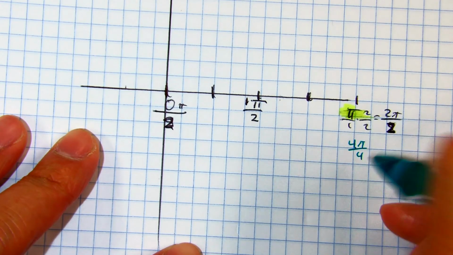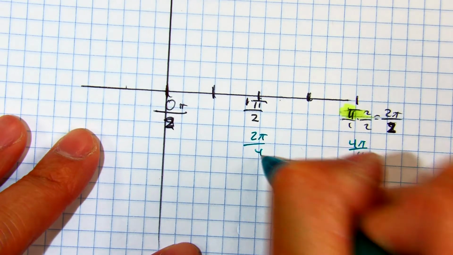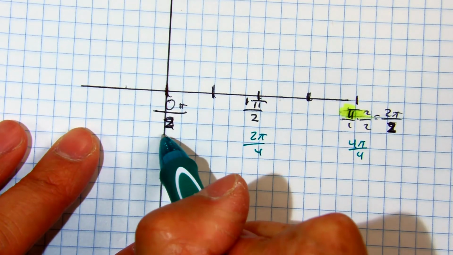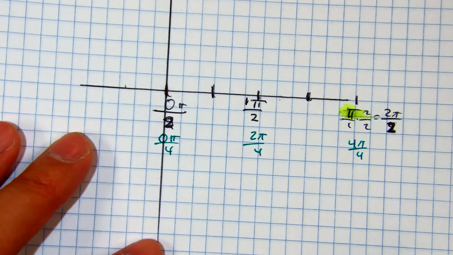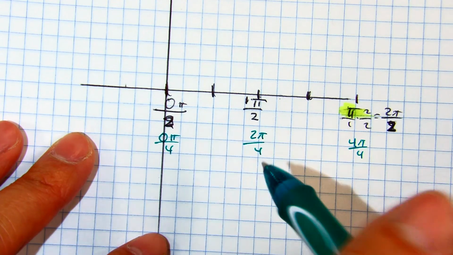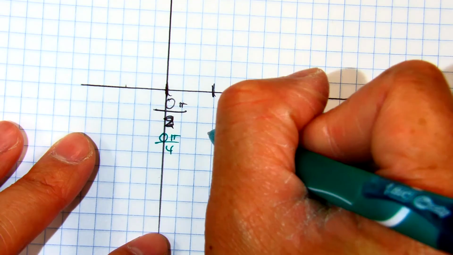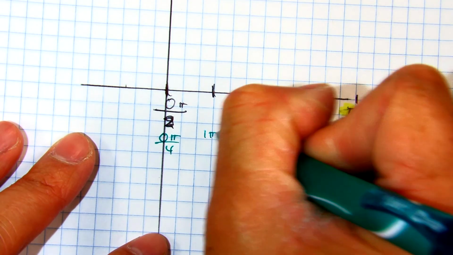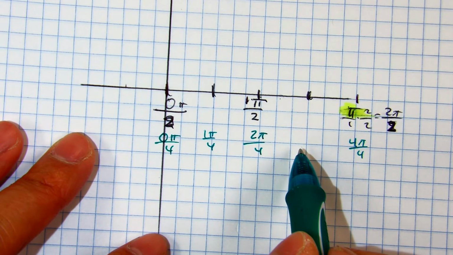This one? 2 pi over 4. And this one will become 0 pi over 4. We're just multiplying the numerator and denominator by 2. That means, Sarah, this one's going to be what? Correct. 1 pi over 4. This one? Yep.